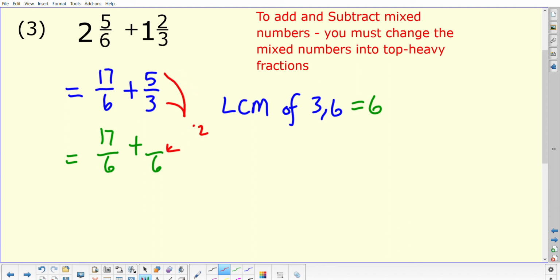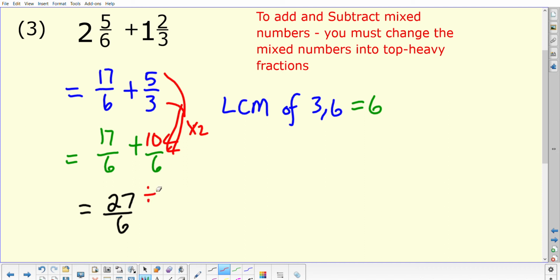That means that you also need to change the top term by multiplying by 2. So you will end up here with 10 over 6. Once you've got to that point, you're then able to add the two things together, so you get 27 over 6. You need to make that simpler. What can you divide into 27 and 6?